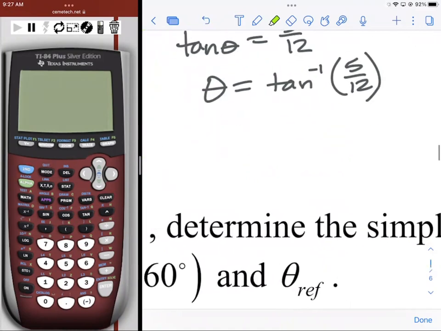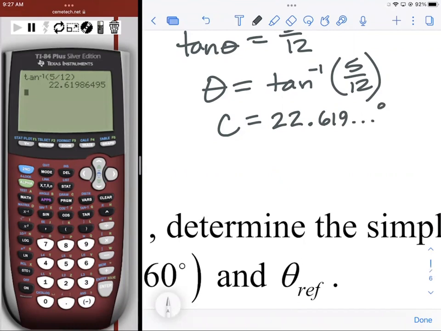And now we'll type it in. Second tangent of 5 divided by 12. I'm going to write this down as C for calculator's answer. And it's 22.619... degrees. Is that the answer? Is that the one we want?